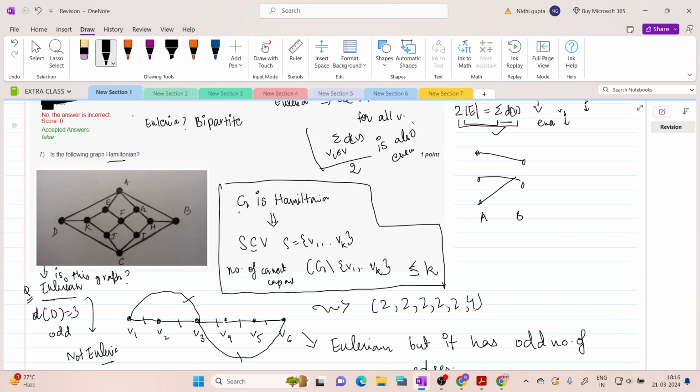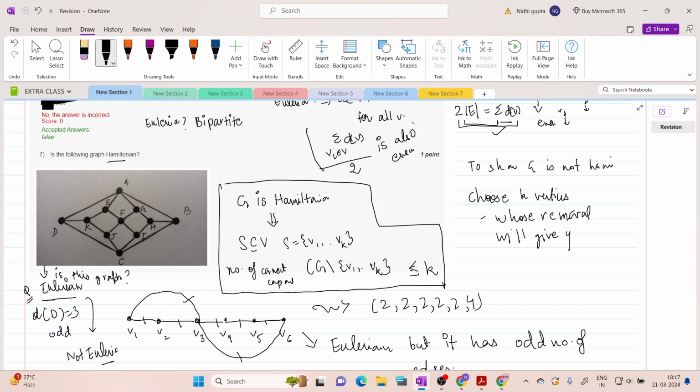So to show G is not Hamiltonian, choose k vertices whose removal will give you more than k connected components. So you have to do this.